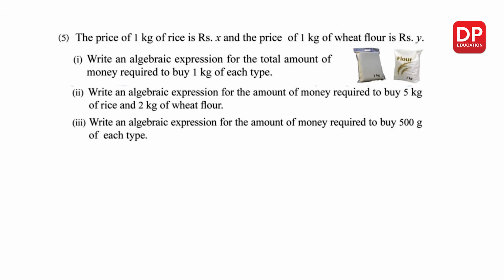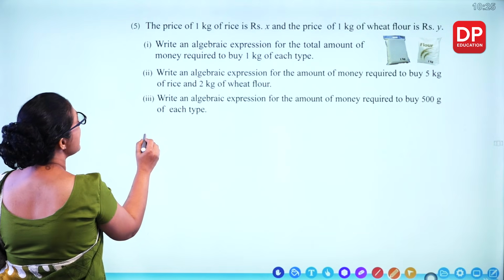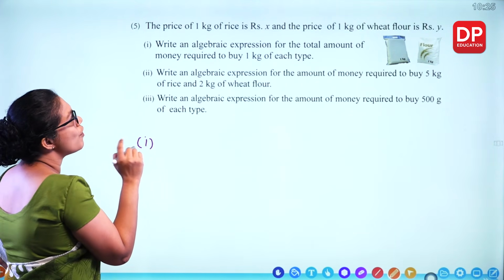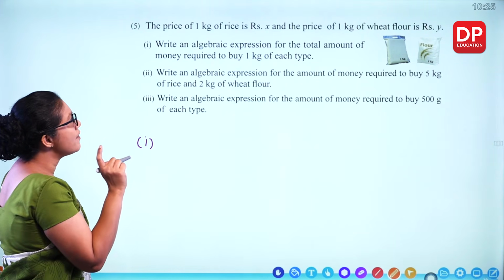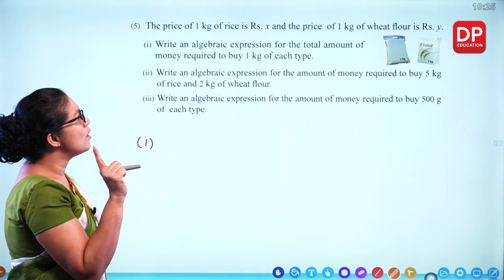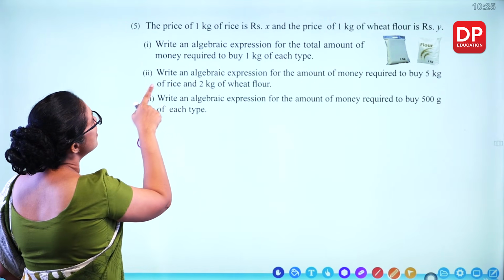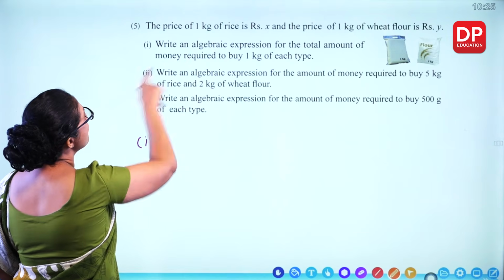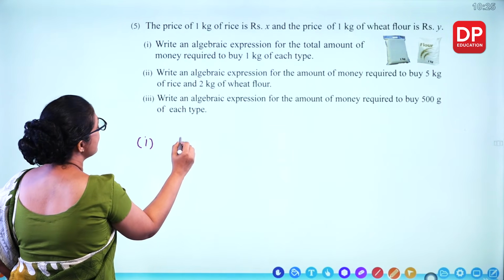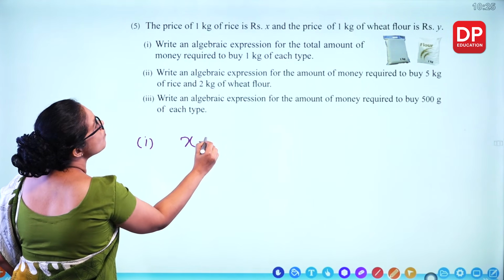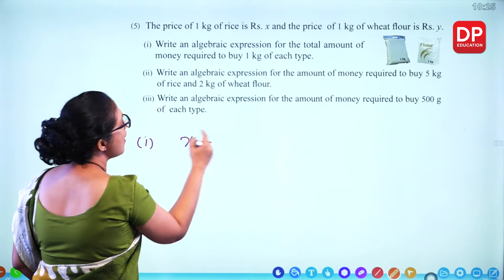Question number 5. The price of 1 kilogram of rice is x rupees and the price of 1 kilo of wheat flour is y rupees. Write an algebraic expression for the total amount of money required to buy 1 kilo of each type. So 1 kilo of rice is x rupees, and 1 kilo of wheat flour is y.